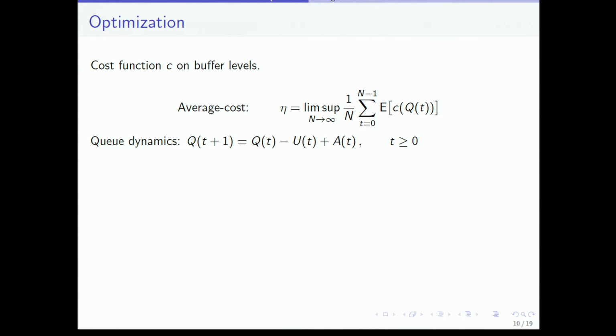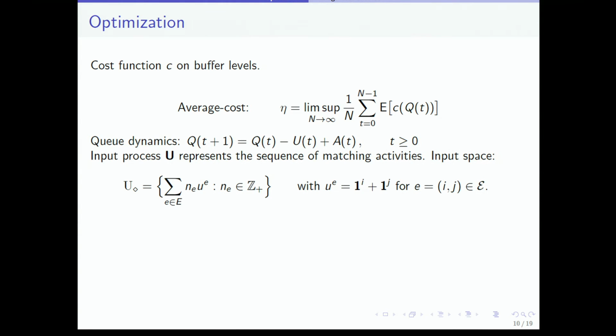Then A denotes arrivals at time t, and U is the matching activities that your policy will make. And there are some restrictions on this process Ut. It has to be a linear combination of edges.